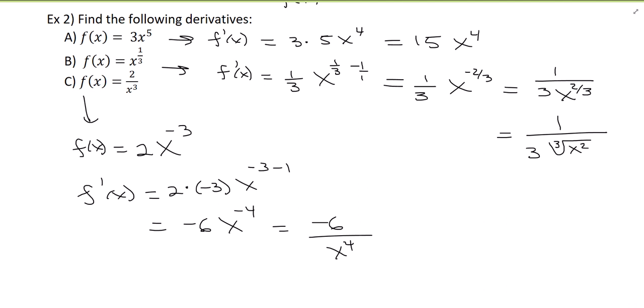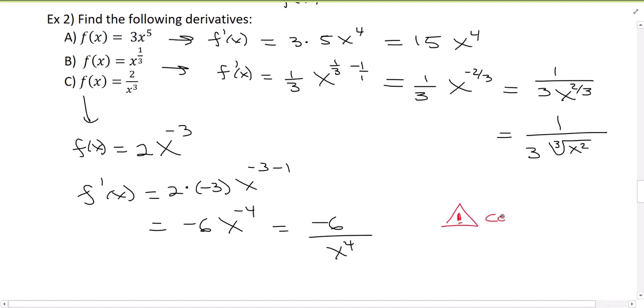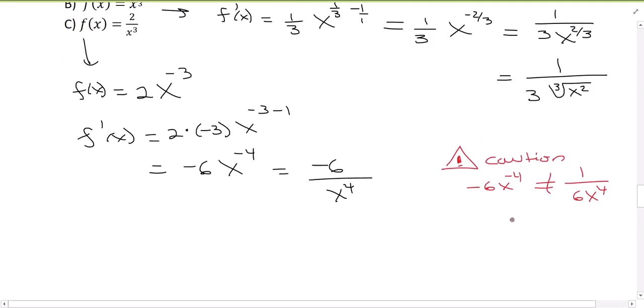Now here, be careful. Oftentimes I see a mistake in answers, so a word of caution here. When you have minus 6x to the minus 4, that is not 1 over 6x to the fourth, right? The coefficient doesn't go to the denominator unless it was in parentheses.